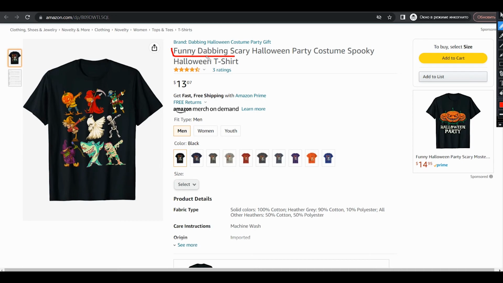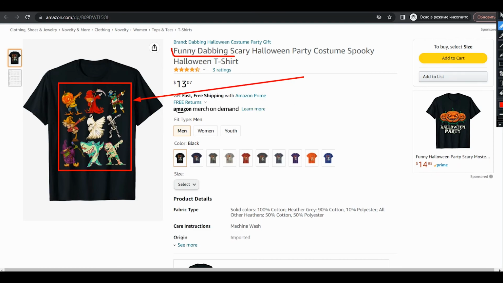Of course, funny dabbing, dabbing Halloween costume, spooky Halloween, dabbing character, or something like that in the title or in keywords will work really well, and you can make an illustration like here with different characters. Here we can find 9 different characters, all of them dabbing, and also you can make some shirts with only one dabbing character.